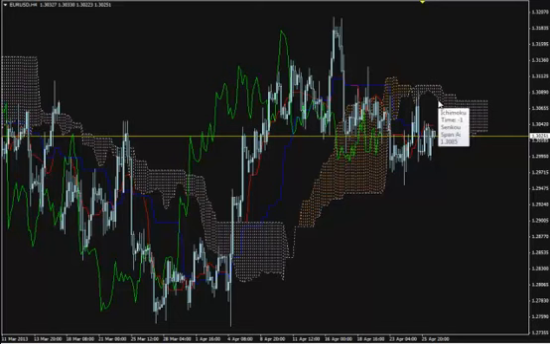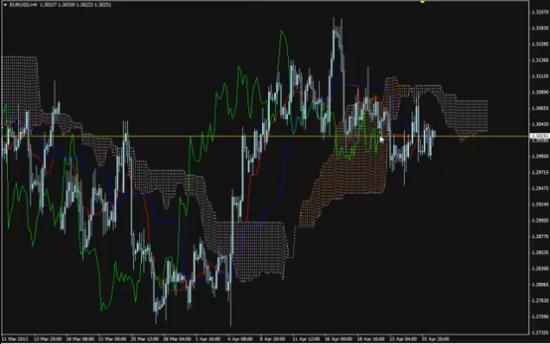We see that the leading Kumo is bearish, and it looks like there is an effort for the price to go upwards, but we can have serious doubts that it will manage to go upwards.